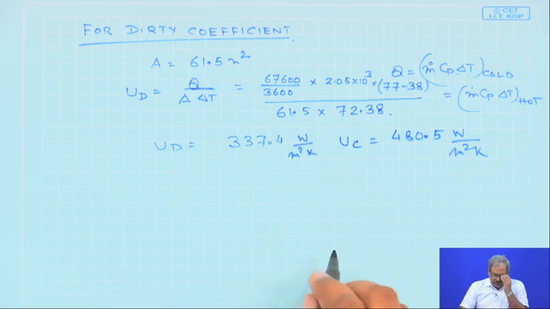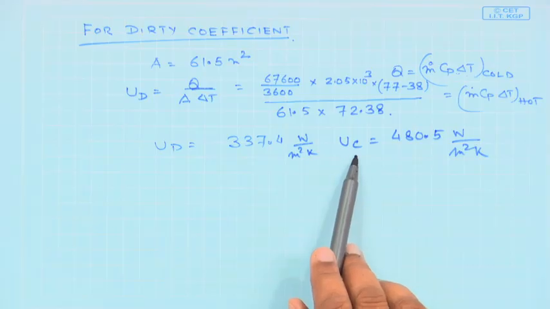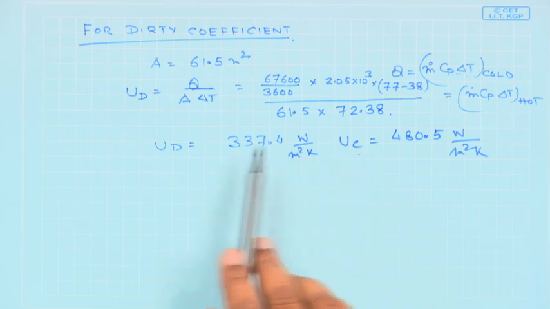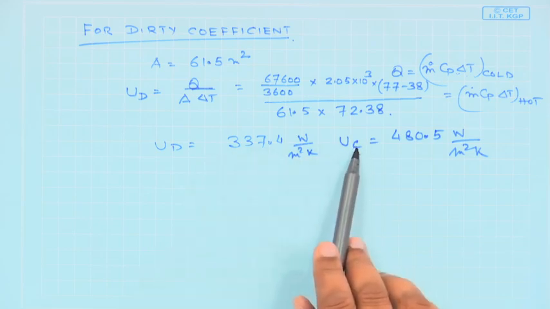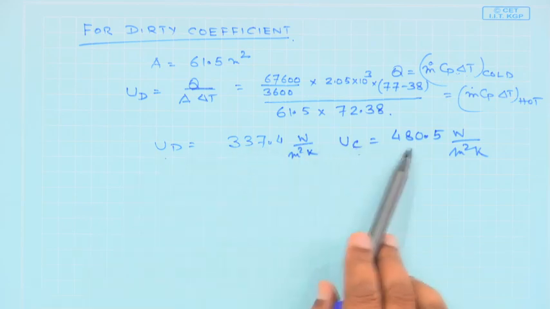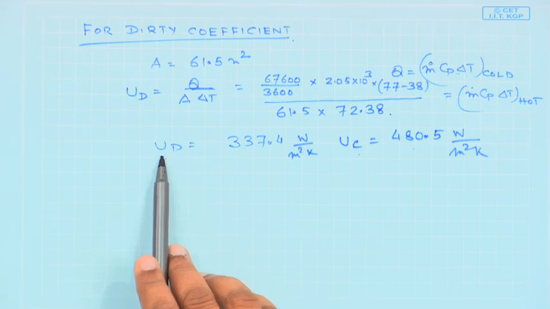The point to note here, for obvious reasons, is that the heat transfer coefficient for the clean operation is going to be significantly more than the heat transfer coefficient when the entire system is in operation for some time.